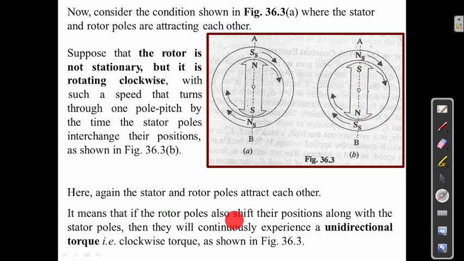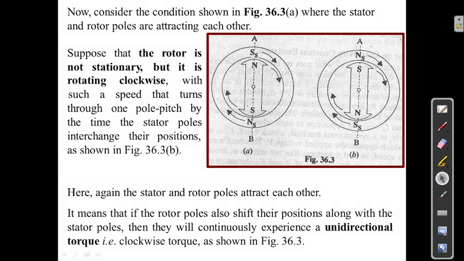It means that if the rotor poles also shift their position along with the stator poles, then they will continuously experience a unidirectional torque, which means the clockwise torque as shown in figure 36.3.